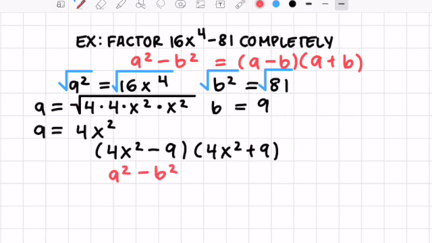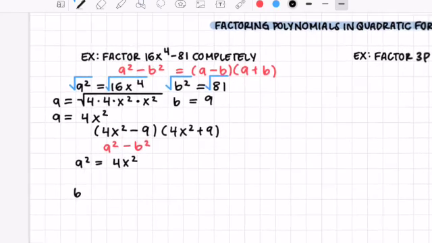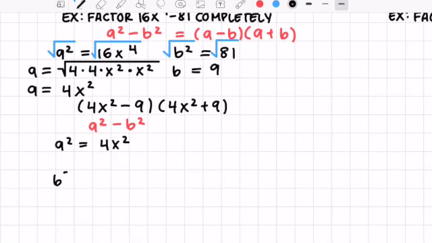And so if that's the case, then I get here a squared equaling 4x to the power of 2 and b squared equaling 9.